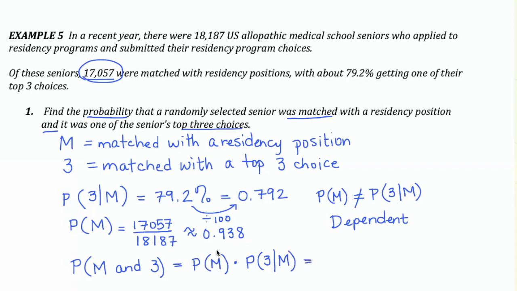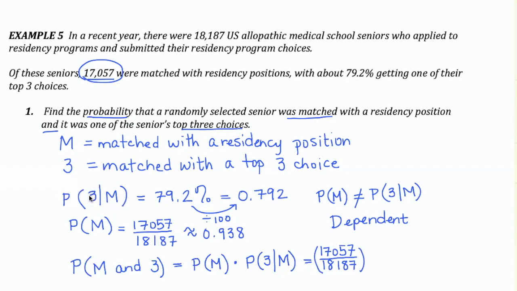I know P of M, I calculated that up here. And when you use that value, it is better to use the fraction rather than using the decimal because the decimal's been rounded and that's going to introduce a rounding error. So for P of M, I'm going to use the fraction version.